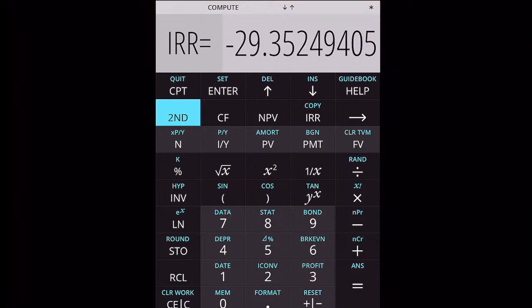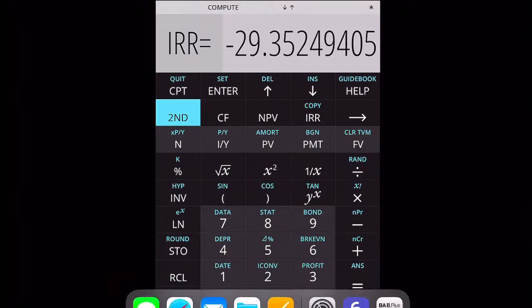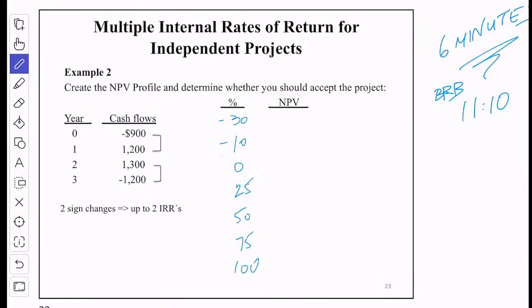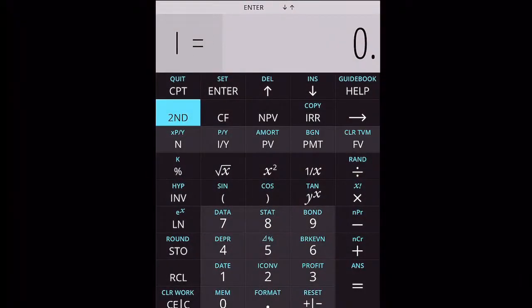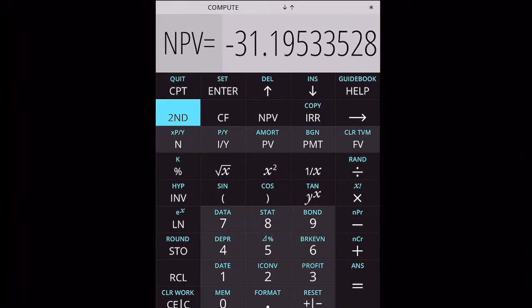So what I'm going to do now is generate the profile, and the profile starts back, remember I started at -30, then -10, then 0, then 25, right? So -30. NPV, 30 negative, enter, scroll down, and then compute NPV.